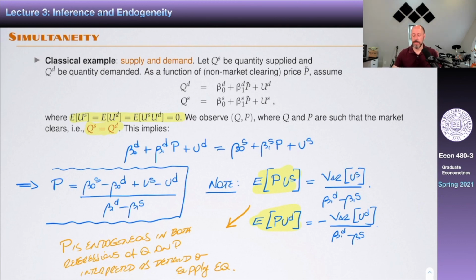People know this, of course, and these are the cases that motivate thinking about endogeneity in the first place. So, are there any questions about this last example on simultaneity?